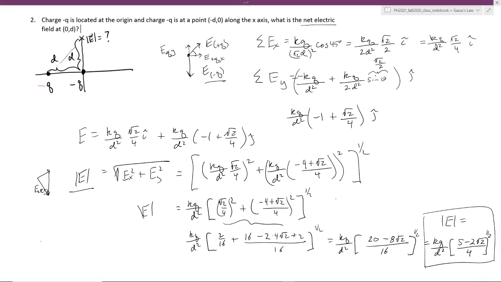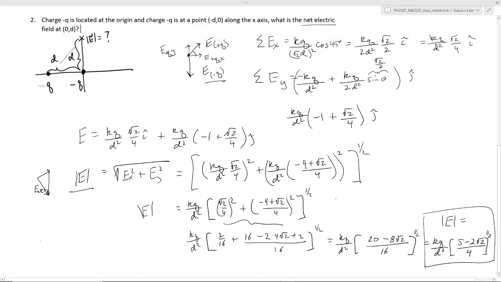Now, if we make this one negative, what's going to happen? Well, this E plus Q would be pointing instead towards the charge. So now, instead of this picture, this one would be going the opposite direction. And then when we add our other one, it would look like that.